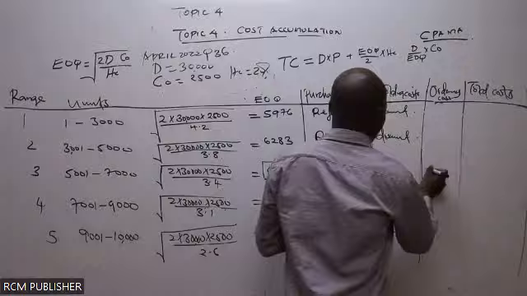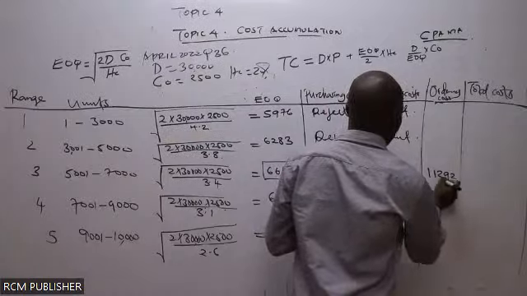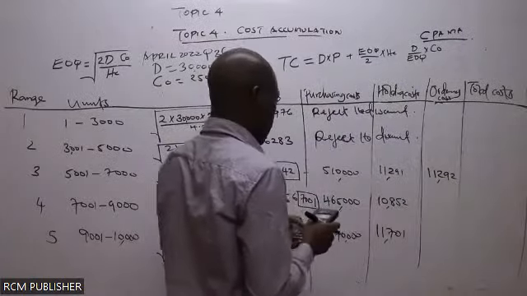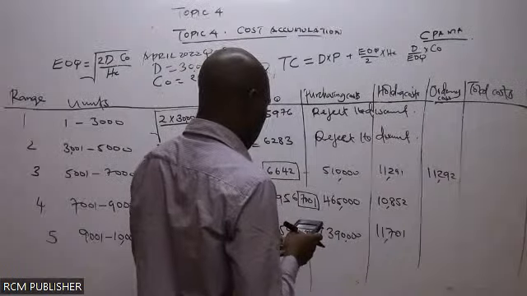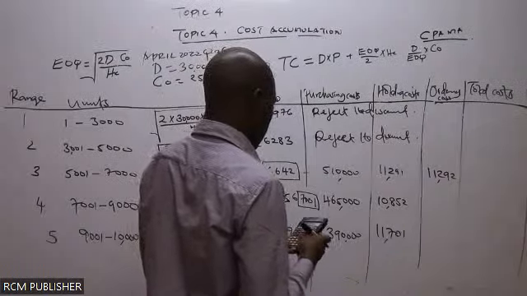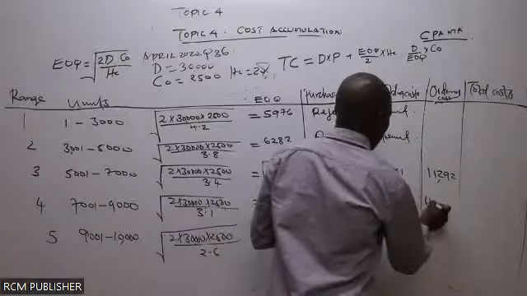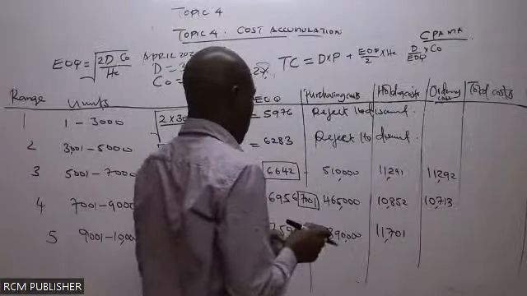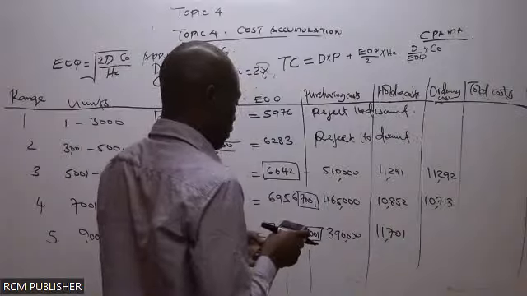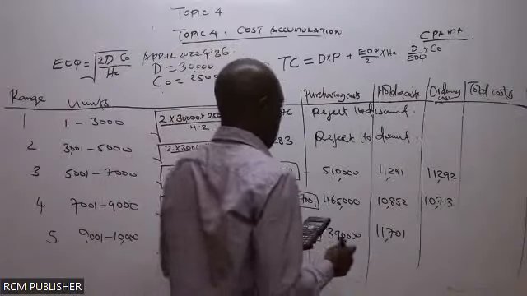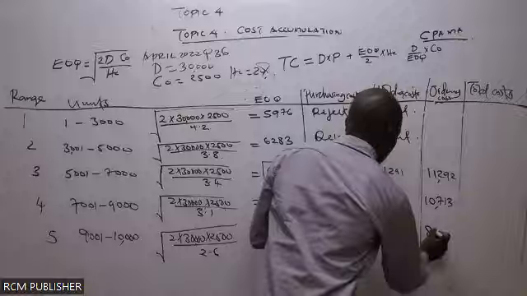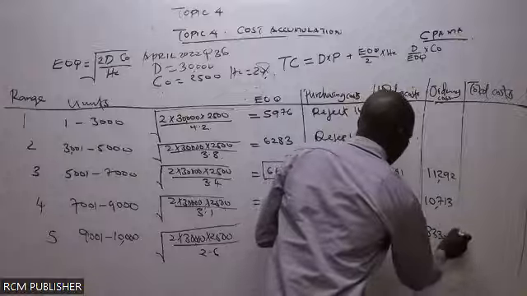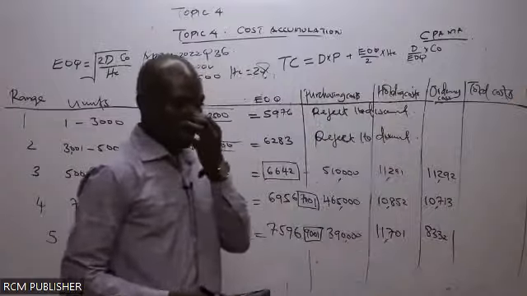I have 11,292. This other one is 7,000, 10,713. Then 9,001. I have 83.32. That is what I have.